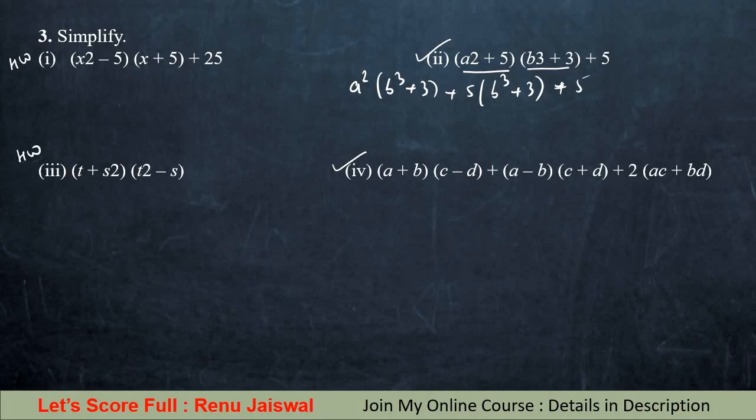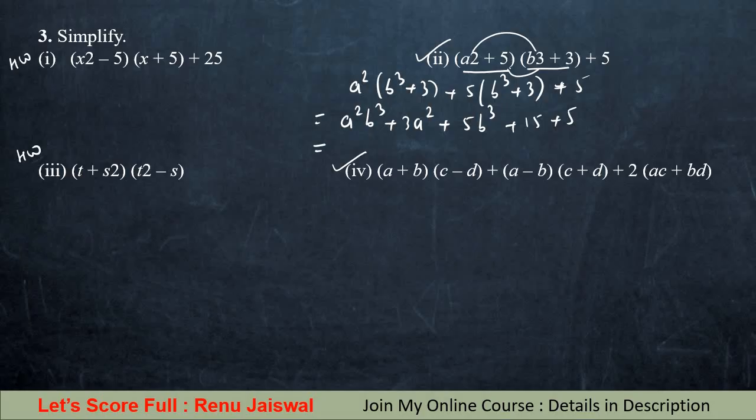Because there is a plus sign, no multiplication at all. This was a bracket, that is why I will distribute this 5 to both, a squared to both and 5 to both. Then, as we have learned till now, we can multiply directly: a squared b cubed, and then 3a squared, here also 5b cubed and then 15, and this is 5.